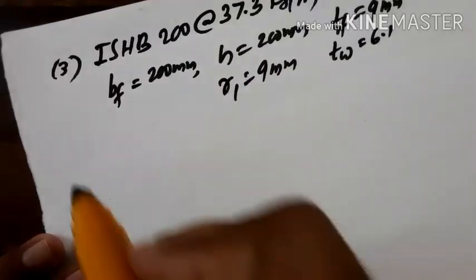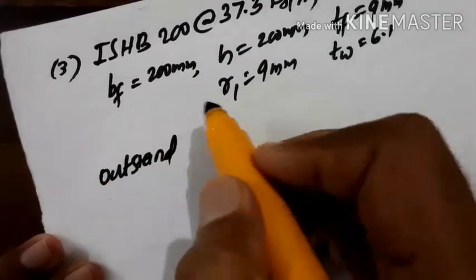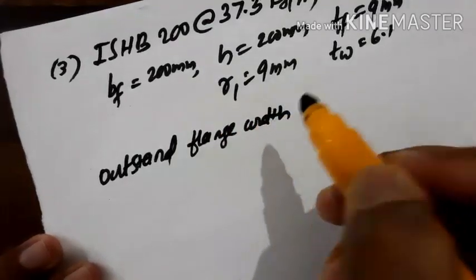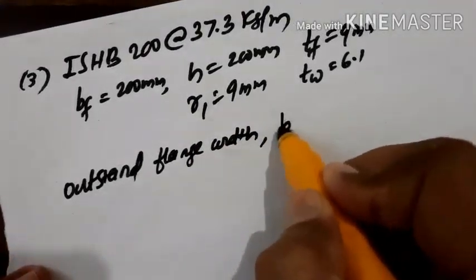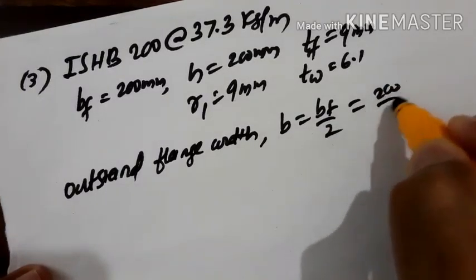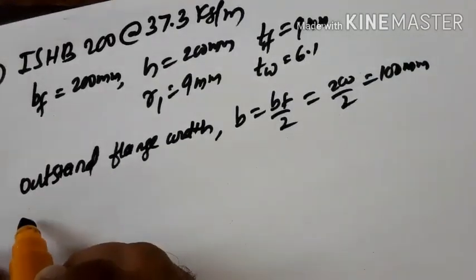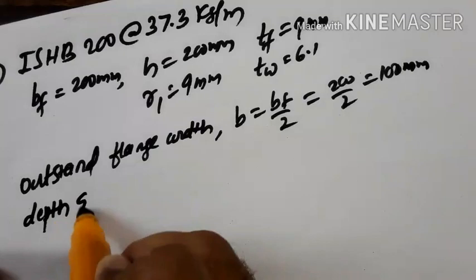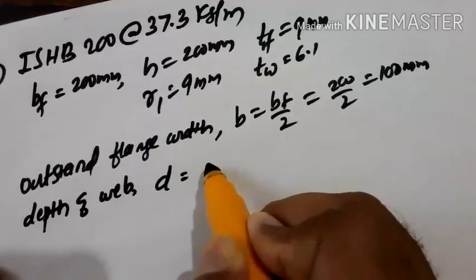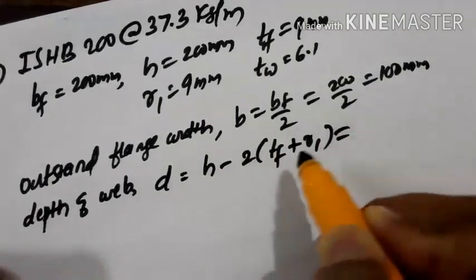Then you calculate outstand flange width, that is B will be BF by 2, that is 200 by 2, you will get 100 mm. Then depth of web, that is D will be H minus 2 times of thickness of flange plus R1 root radius.